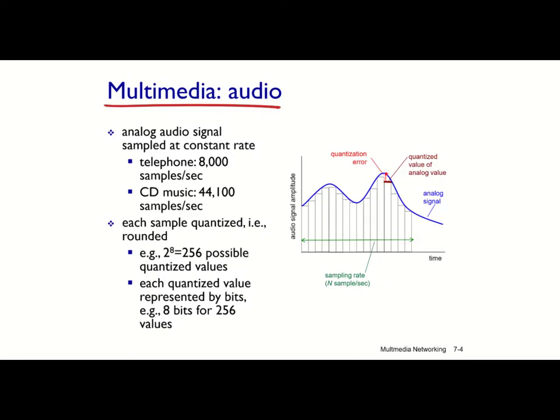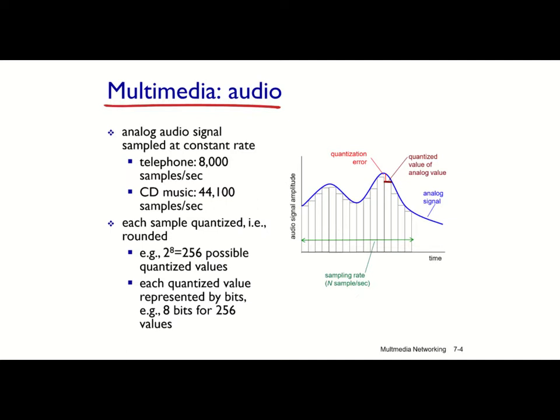Look at this red line segment. As you see, the quantized value is different from the real analog value, so the difference is the quantization error, but the error is not that much, and we can handle it.